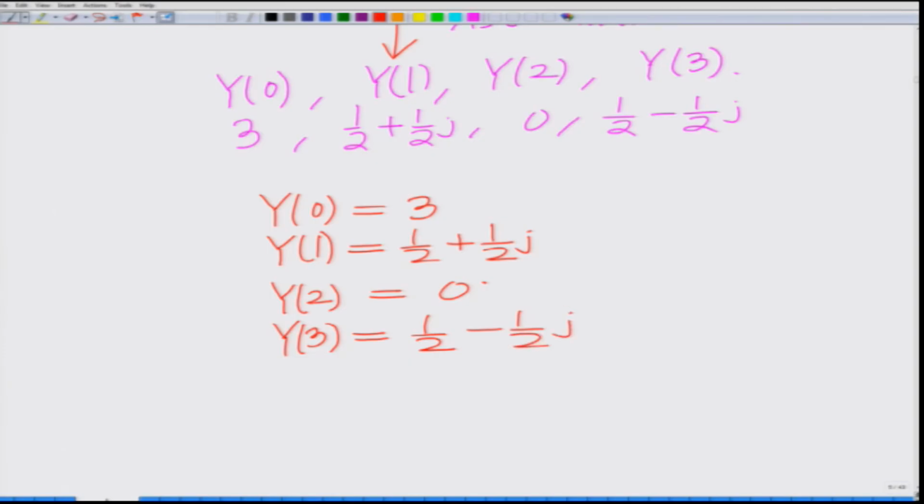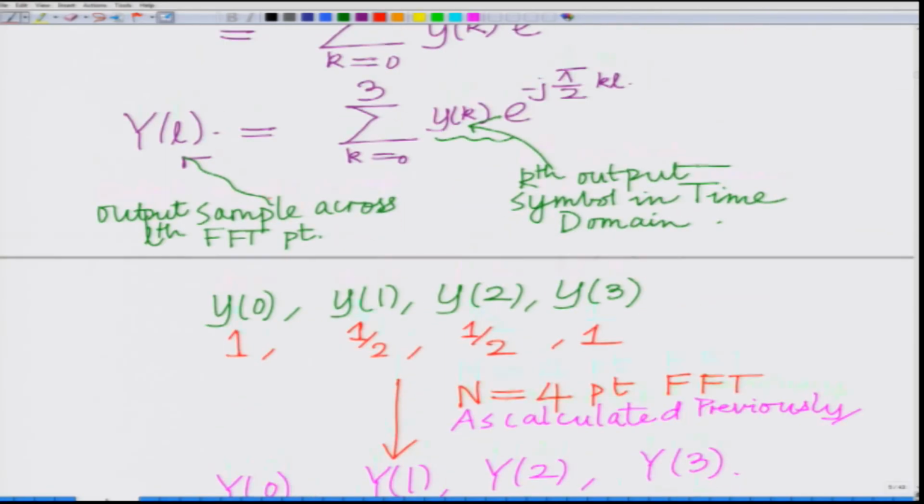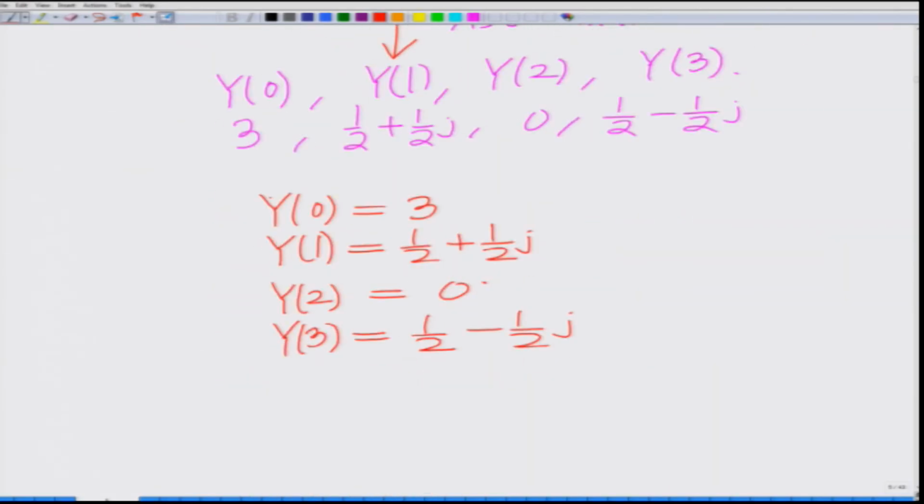These are the output samples across the various FFT points, or the output samples across the subcarriers. These are in the frequency domain, that is important to remember. The capital Y's are the outputs in the frequency domain.